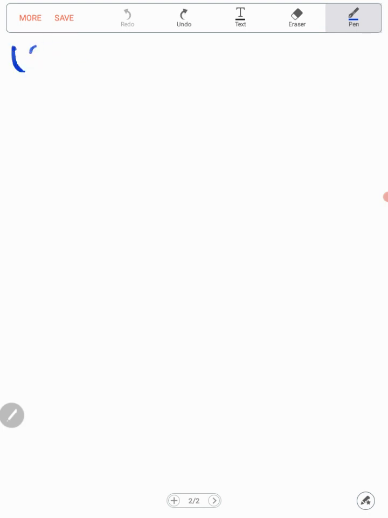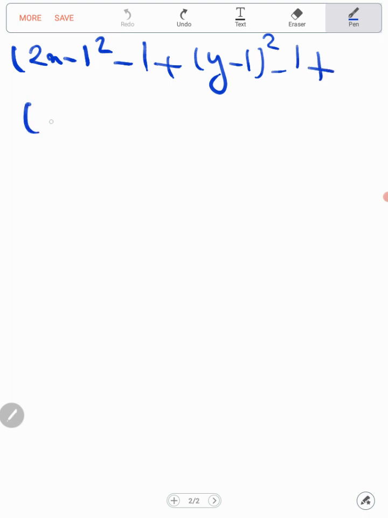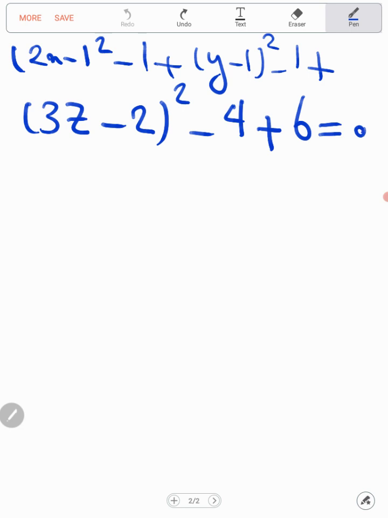We can have 2x minus 1, squared, minus 1, plus y minus 1 squared minus 1, plus 3z minus 2 squared, because of the formula on squares, minus 4, plus 6 is equal to 0.